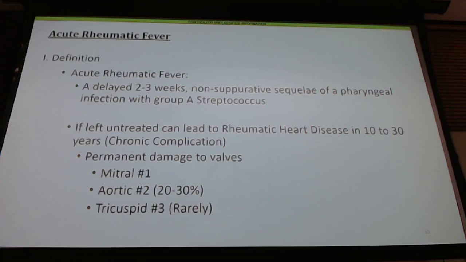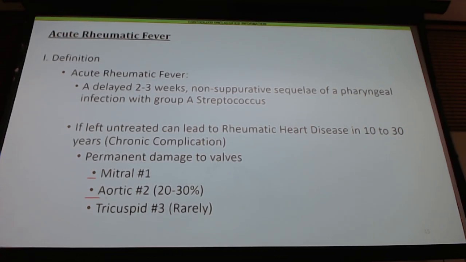So let's talk about acute rheumatic fever. This is the version on the spectrum where you get that delayed 2 to 3 weeks after a strep throat, group A strep infection, where you start to get a constellation of symptoms, and part of those symptoms is actual damage to the cardiac structures, i.e. the valves, which typically affects the mitral valve.